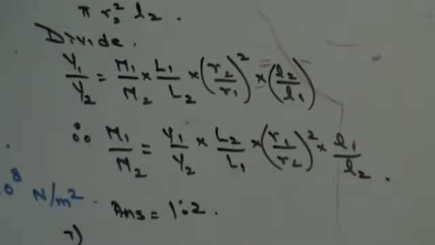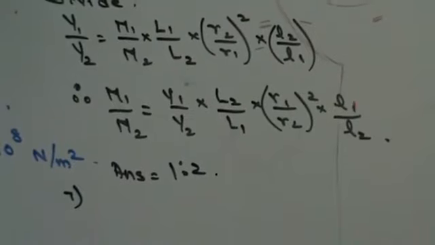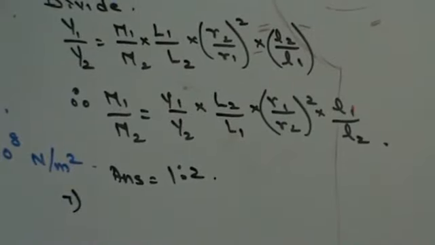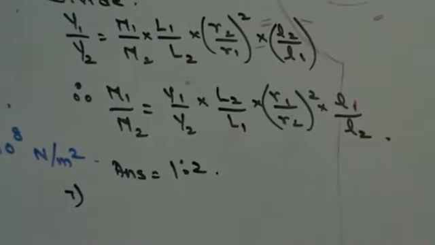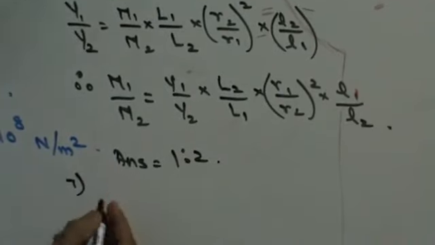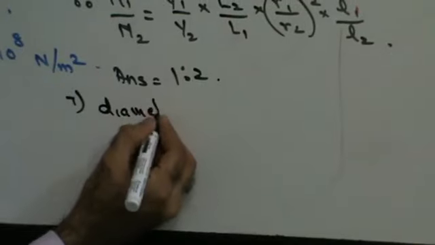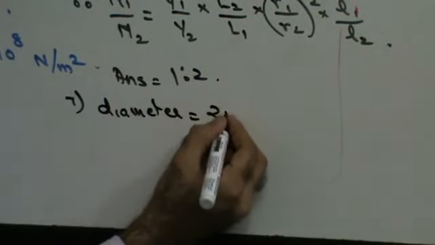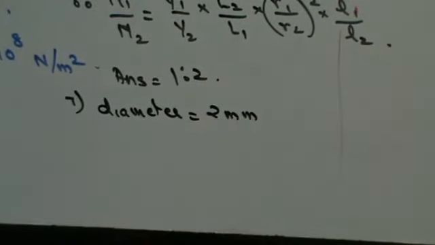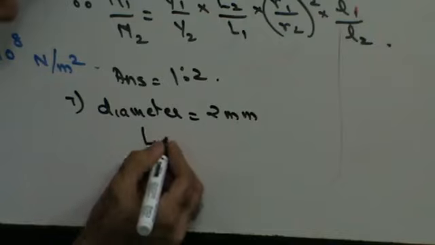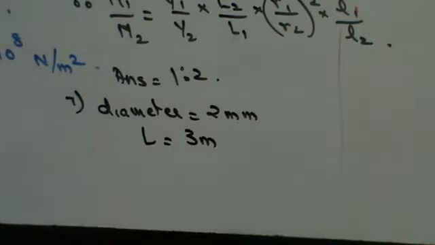A steel wire has a diameter of 2 millimeters and length of 3 meters.